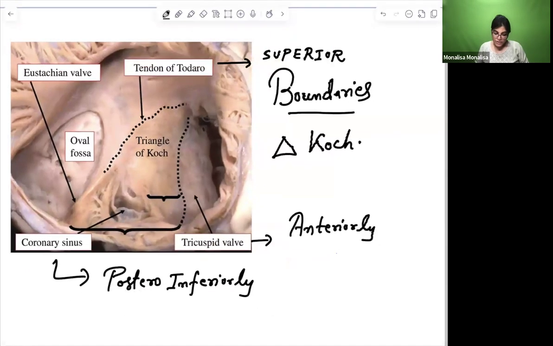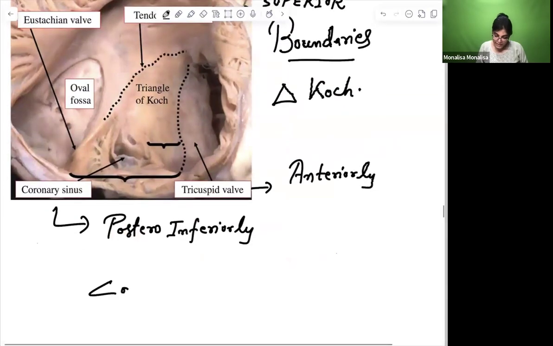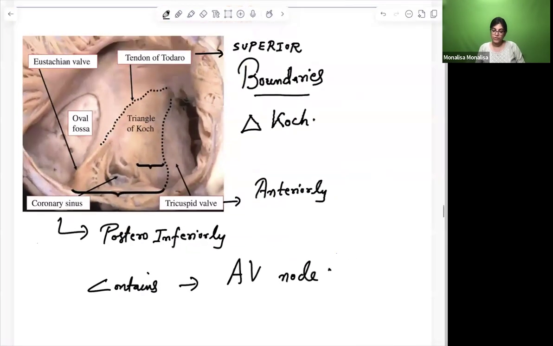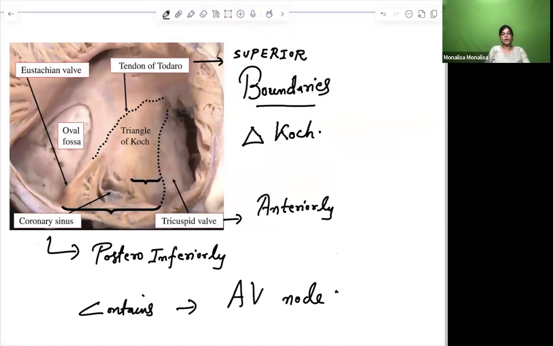It contains the AV node. So AV node is located in triangle of Koch. This is the location of AV node. Okay?